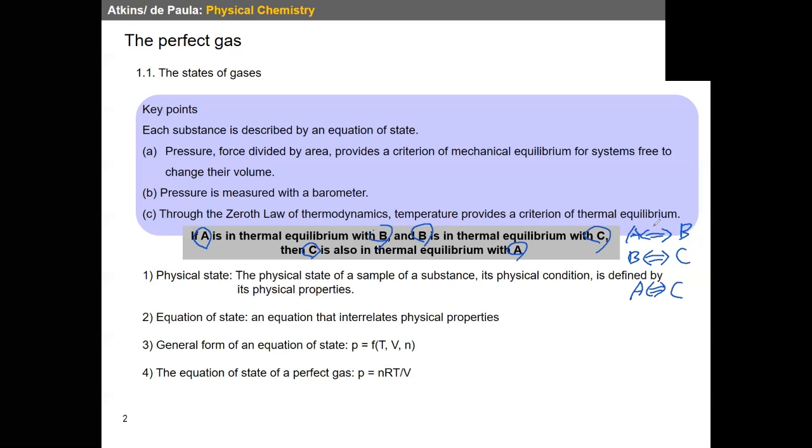So maybe all you guys understand this zeroth law. Anyway, because of this zeroth law, temperature provides a criterion of thermal equilibrium.